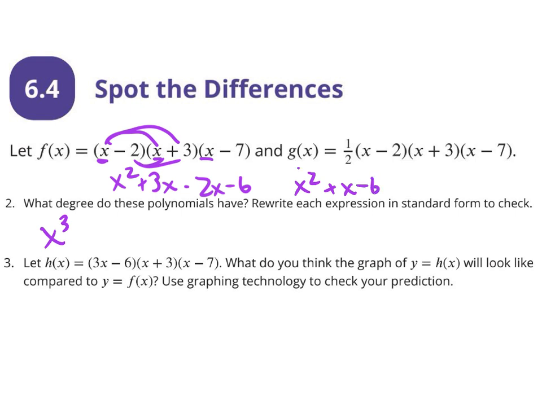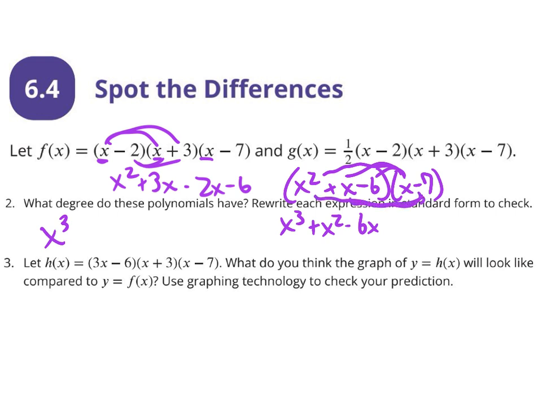And now I have to do x minus 7. And so again, distributing. I get x cubed plus x squared minus 6x. And now I'll distribute my 7 3 times. My negative 7.